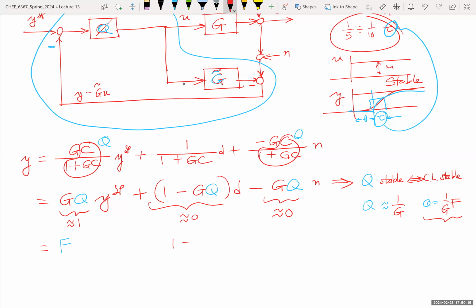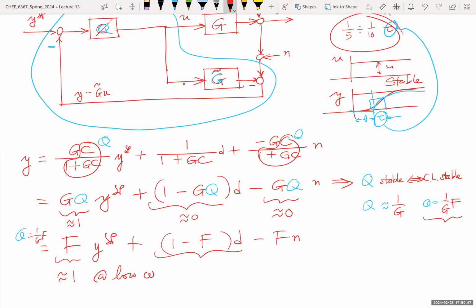So this is if Q is equal to 1 over G times F. So this is F times y set point plus 1 minus F times d minus F. And then this is going to be indeed about 1 at low frequencies omega.